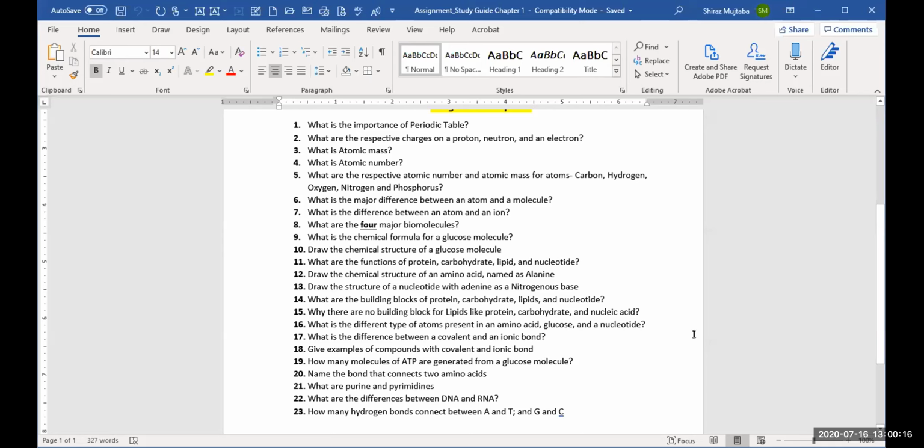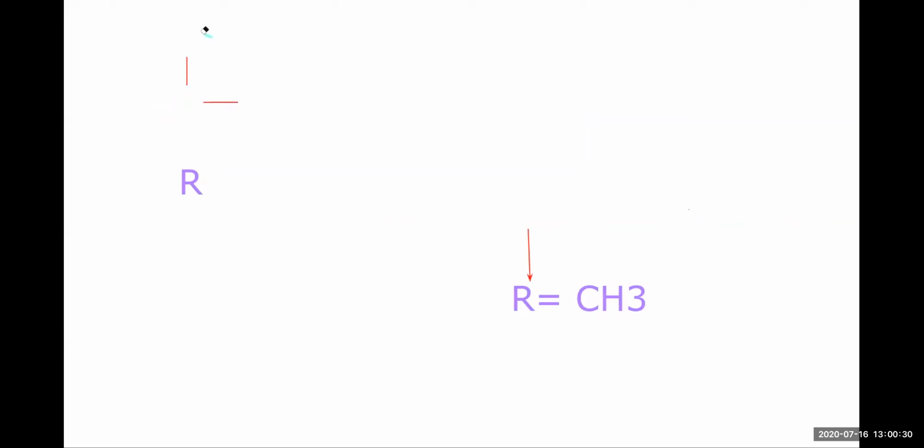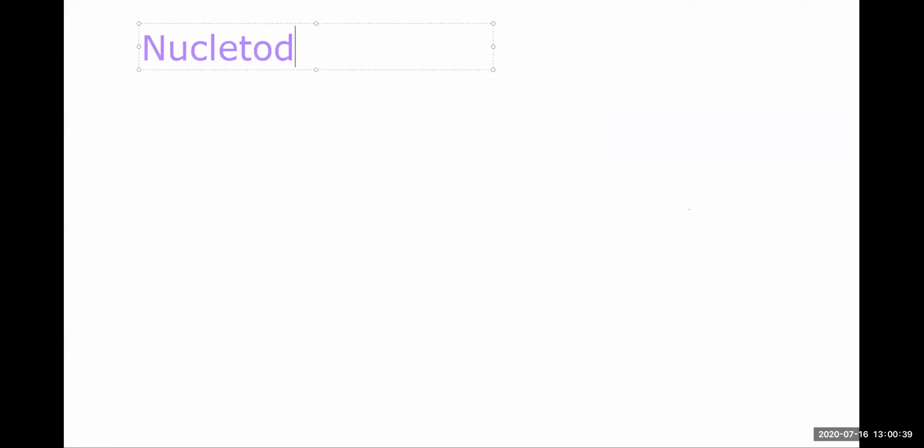The next question is: draw the structure of a nucleotide with adenine as a nitrogenous base. So first, what is a nucleotide? A nucleotide is made up of a sugar.